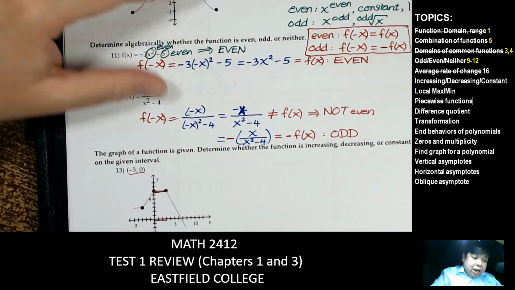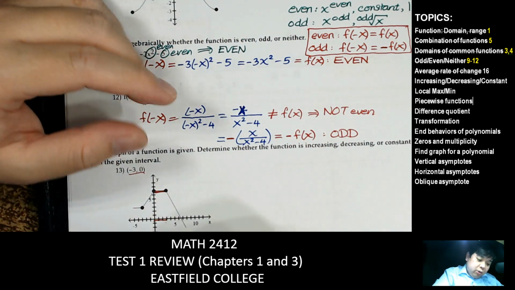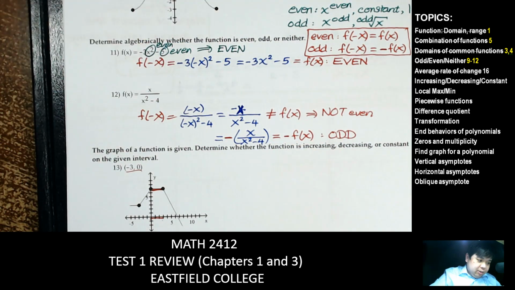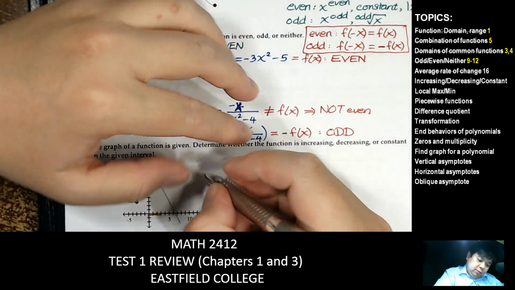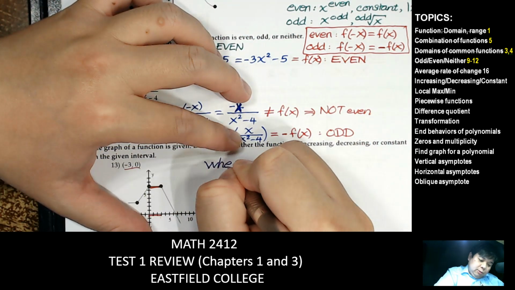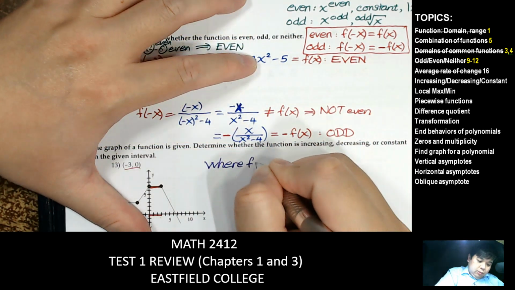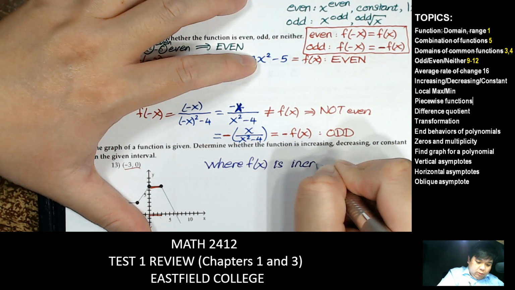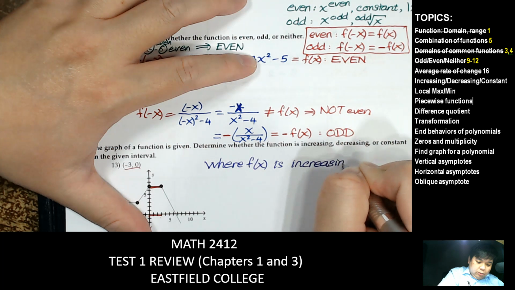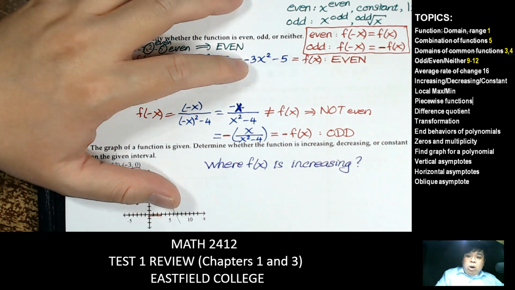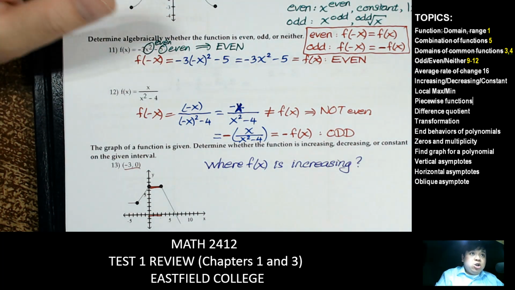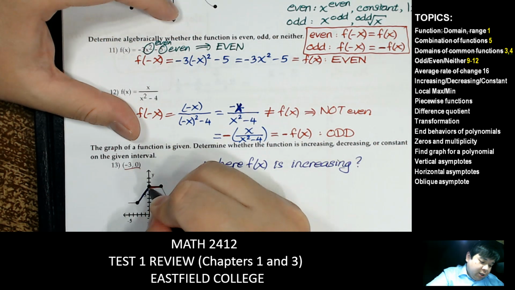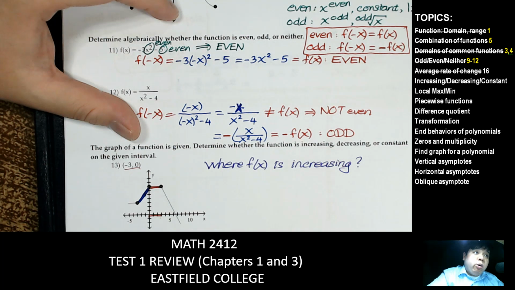I can also ask you where the function is increasing. For example, I will write a question here. So where the function is increasing, the question could be like that. And then we look at this, we say it is increasing on this part of the graph.